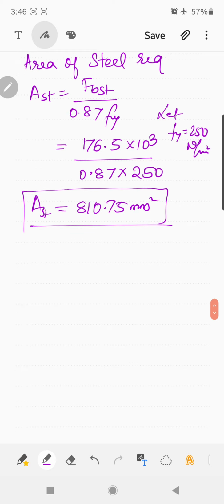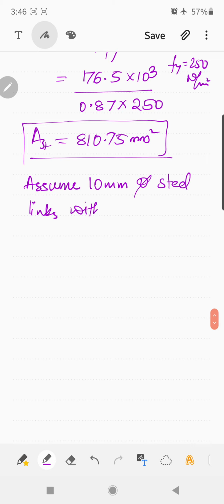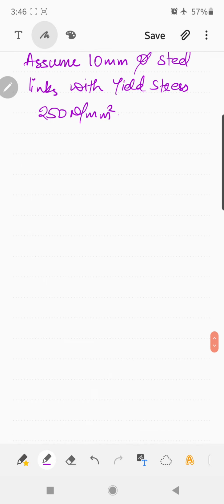Now with this AST required, you have to calculate the number of bars. Let us assume 10 mm diameter steel links with yield stress of 250. While practicing, you can take 415 and practice.